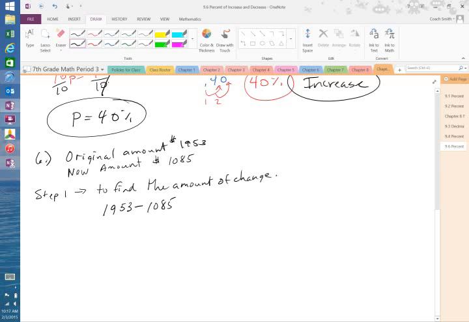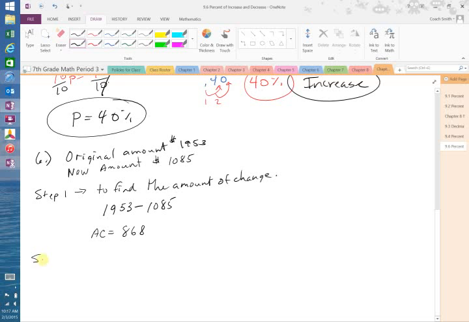That's $868. So the amount of change, we'll call it AC, is $868. That's the amount of change.